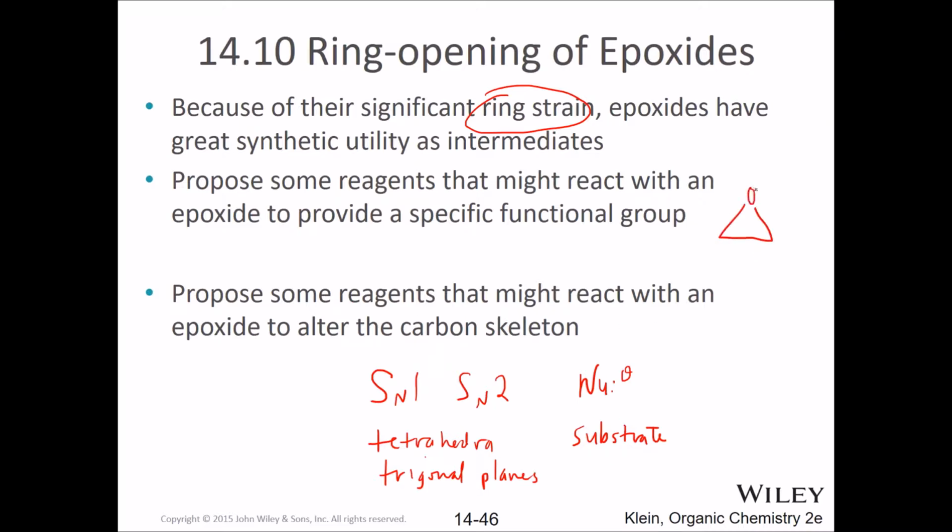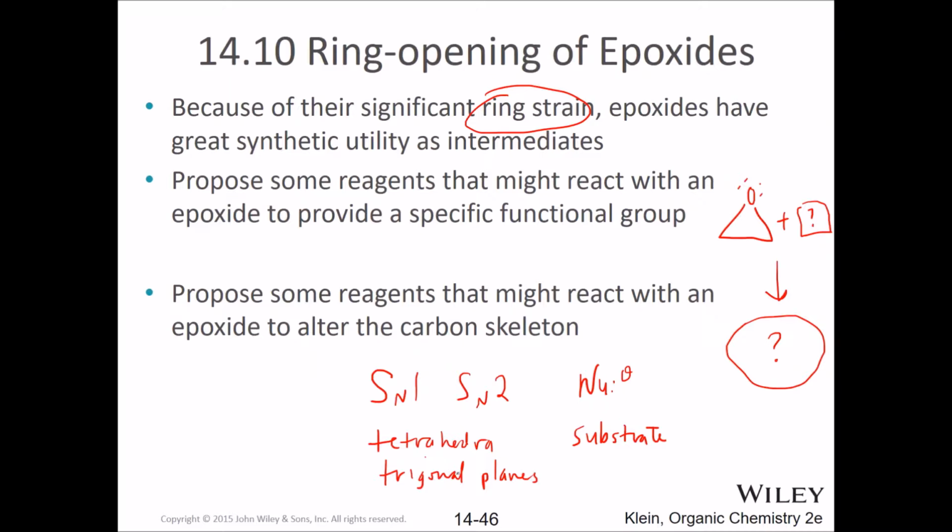Now, I would like you to go back and say to yourself, if I'm going to have some reaction, something plus something gives me something else, what might this be? And what might this be?